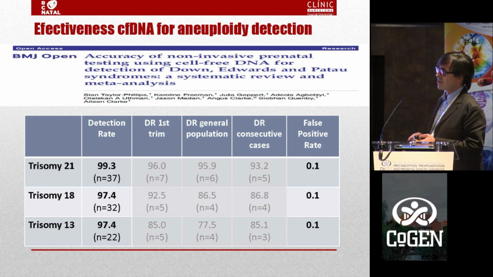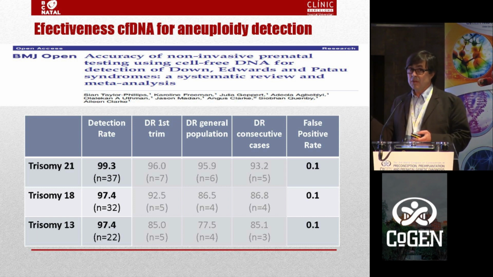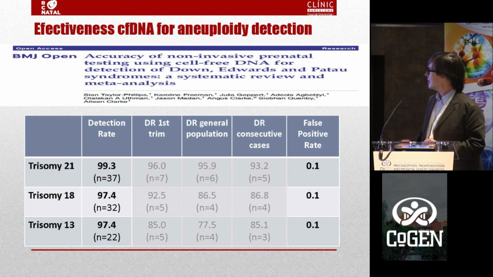It has been shown that it's not true. So still, I think we need another column here saying full outcome. For trisomy 18, it goes down also, 97, 92, 86, 86, 97, 85. So definitely very low figures.